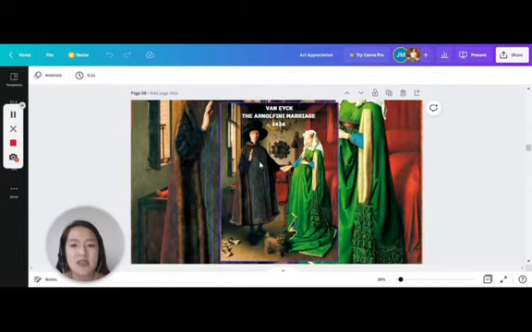Next is the Arnolfini Marriage in 1434. As you would notice, this is a bit different compared to the previous slides, kung saan mas madalas makitang hubad yung mga babae. But in this picture, you would notice that the woman is wearing green.